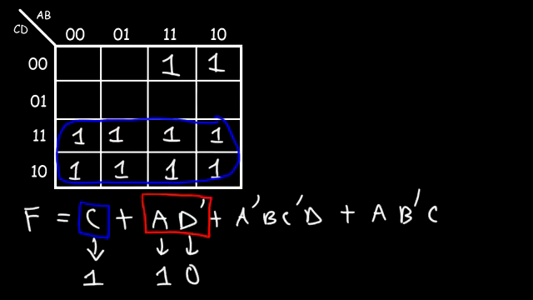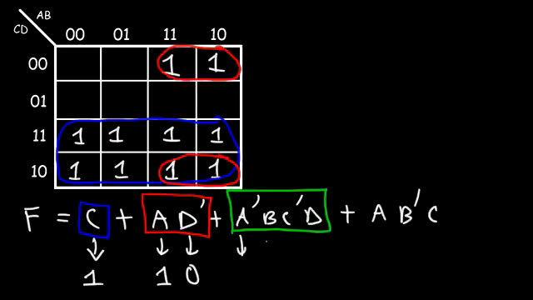Now I'm going to circle those ones with a red color. As we can see, for a term with 2 variables, we have a total of 4 ones highlighted in red.